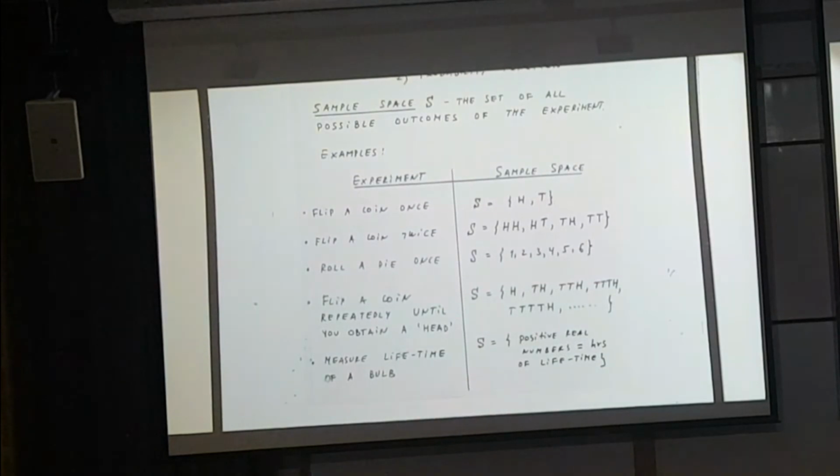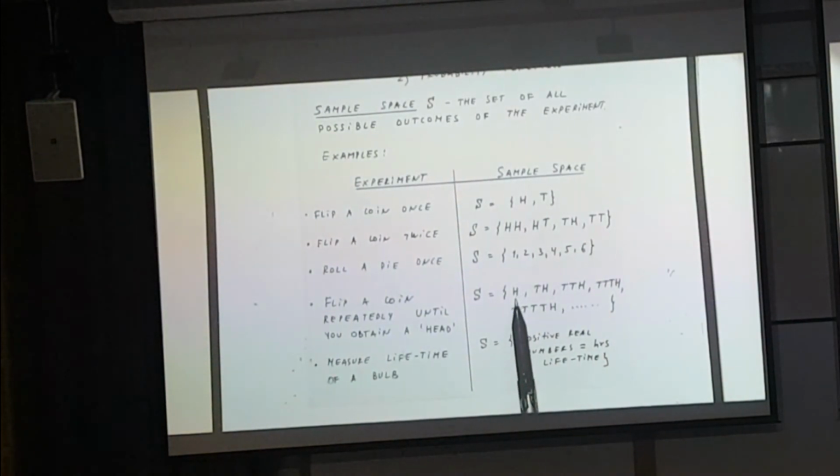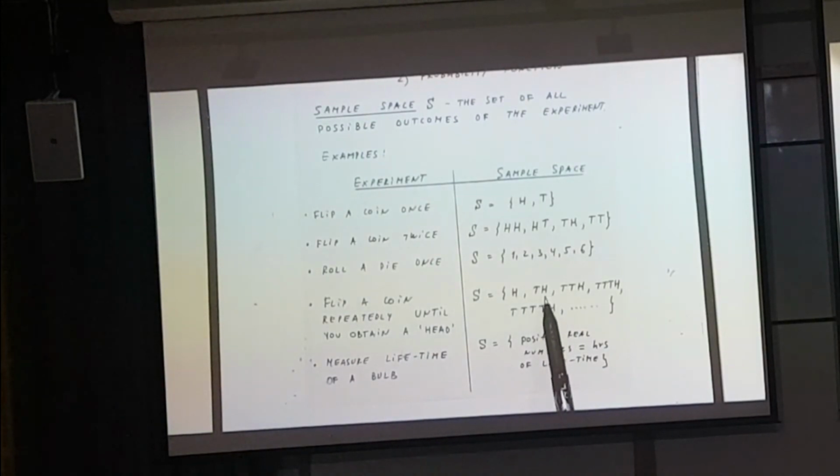In some situations, you have actually an infinite number of elements. Consider the following experiment. Flip a coin repeatedly until you obtain a head. Right, so that's your experiment. These are the prescriptions for flipping a coin. And therefore, you have the following situations. Either you obtain heads at the first flip, then it corresponds to just H, and you stop. Or at first flip you obtain tails, but then at the second flip you obtain heads.